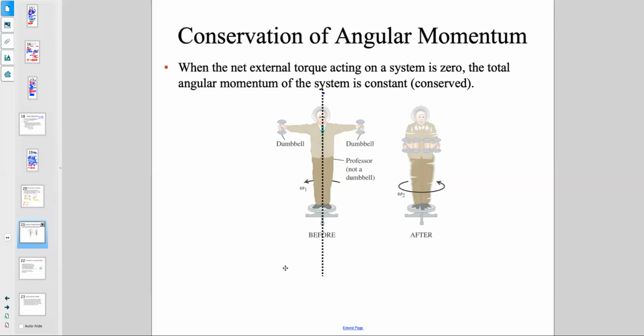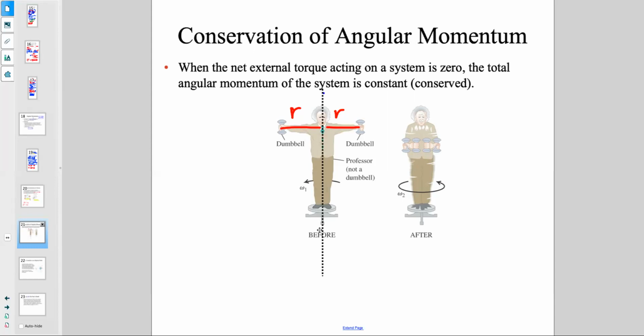I have this as my length R1, and this has the same length R. Let's say his hands are the same length. So I have two R's, one object here, a length of R from the axis of rotation, the other object the same length from the axis of rotation.